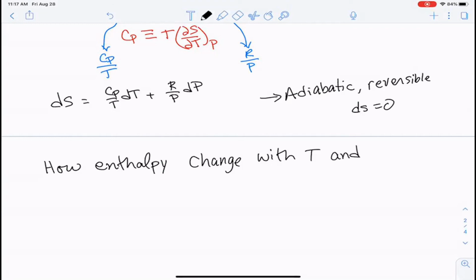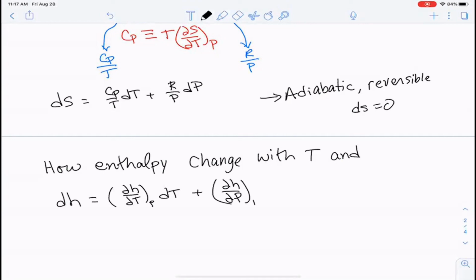And you would do the exact same thing that we just did above. And now our function is h. And so dh, sorry, not delta h, would be the partial of h with respect to temperature at constant pressure dT plus the partial of h with respect to pressure at constant T dP.